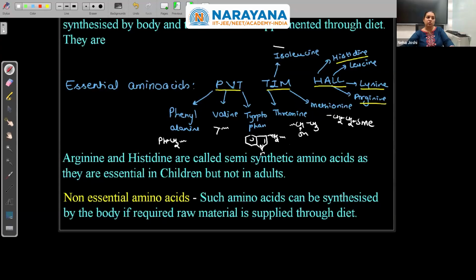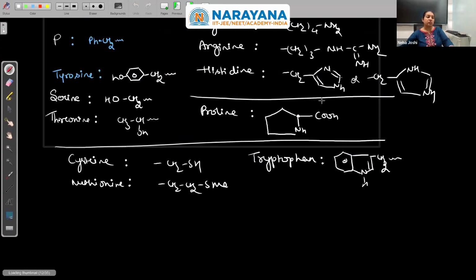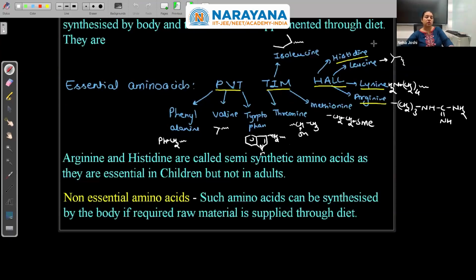Isoleucine. One was leucine, one was isoleucine, secondary butyl. Histidine, leucine. Leucine is this one. Lysine, I said 4 times CH2 and NH2. Arginine was CH2 3 times, right? NHC double bond NH, NH2. And histidine was this one. Okay, so what was histidine?